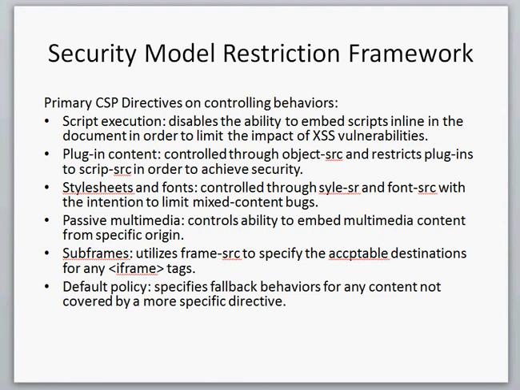Primarily, CSP directives controlling behaviors are composed of six different executions. First, we identify script execution. This disables the ability to embed inline scripting in documents in order to limit the impact of cross-site vulnerabilities.